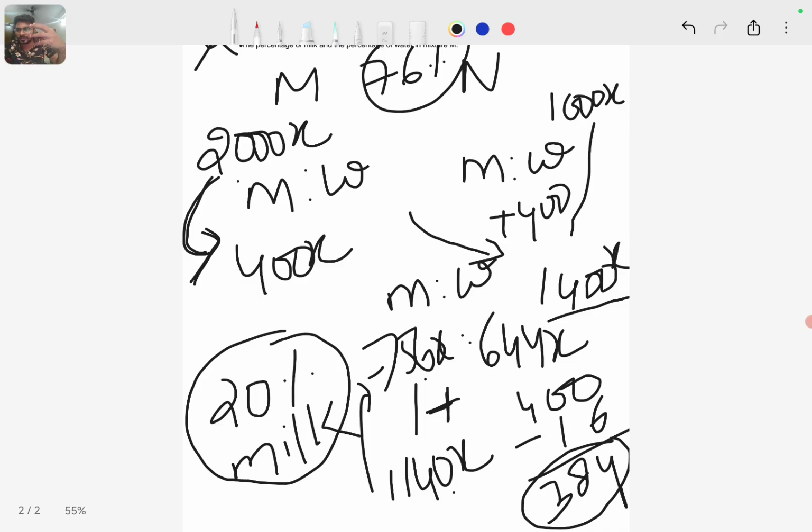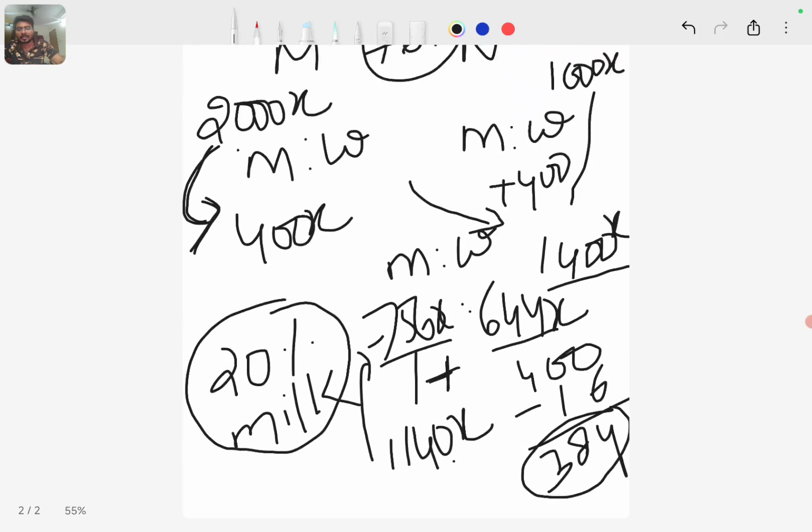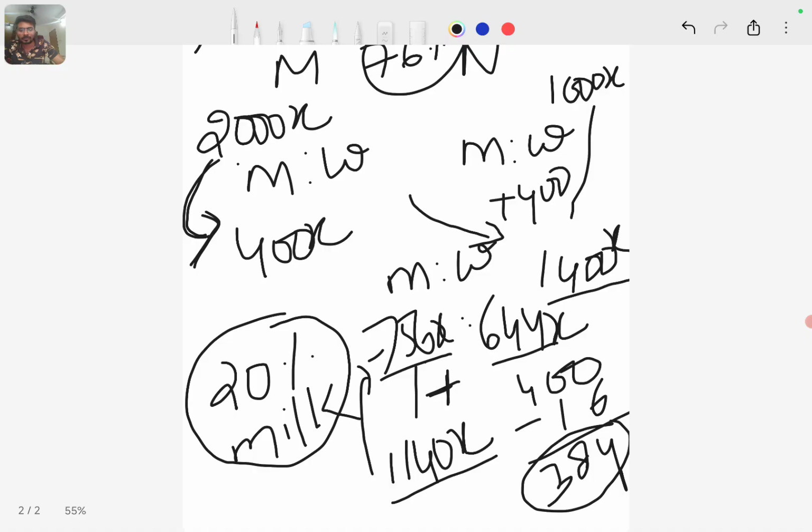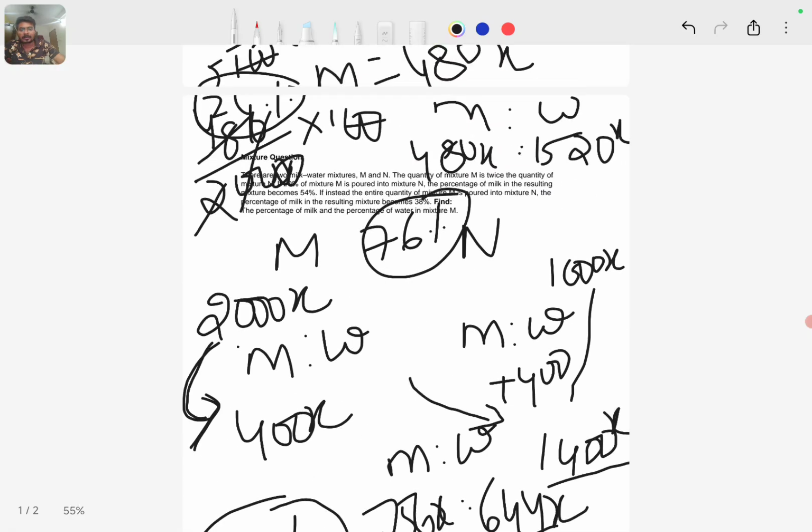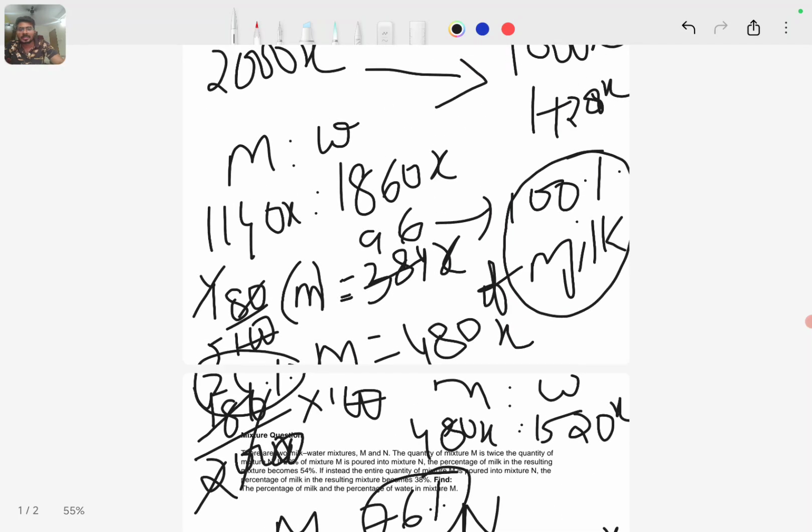We used to do it in the mixture questions, right? So in the same way, when we add 20 percentage mixture, we get the milk and water this much. When we have added 100 percentage of mixture M into N, we got the resultant milk quantity as 1140 and water quantity as 1180.